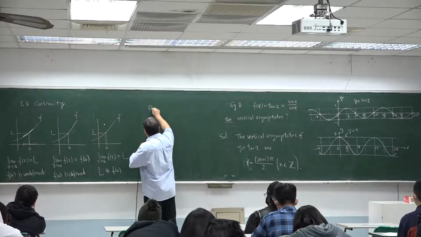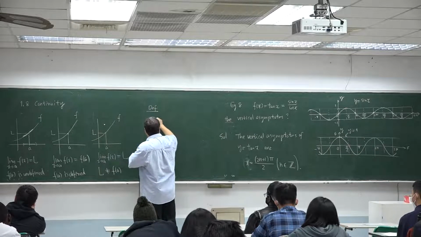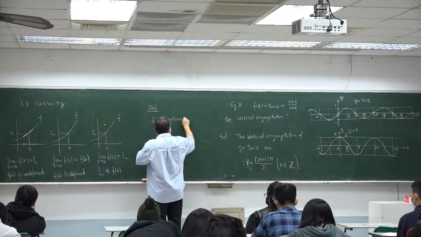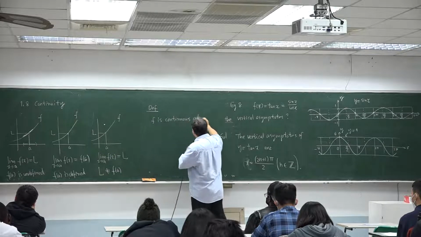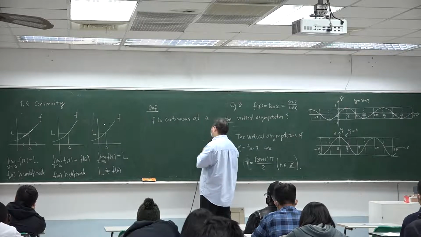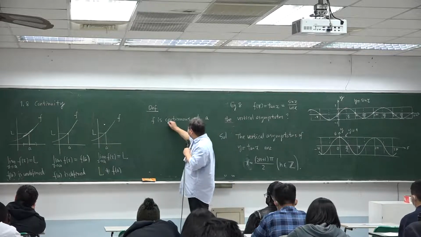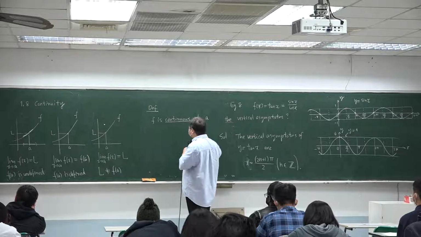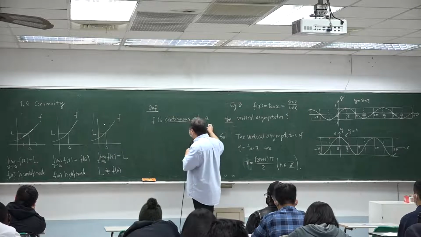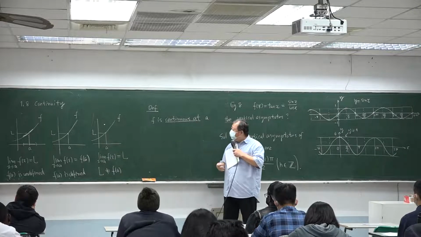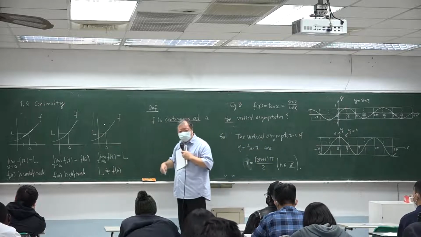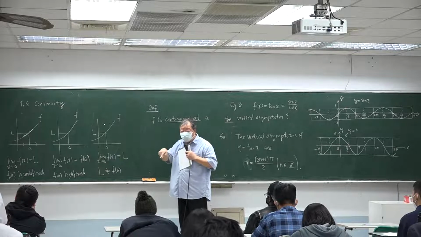We define a function f is continuous at some point A. If you see the textbook, you will see notations related to a math object will be used italic.